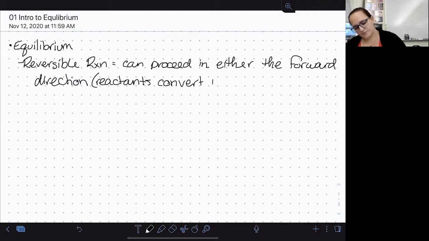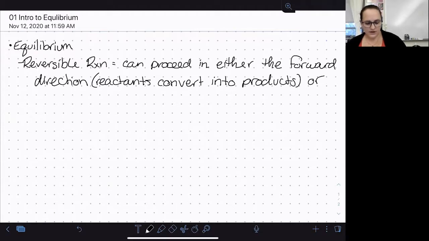or they can proceed in the reverse direction, which means that our products actually react to form reactants.